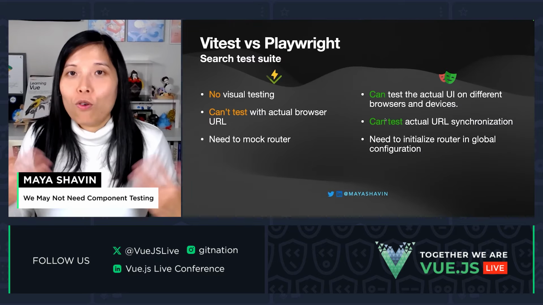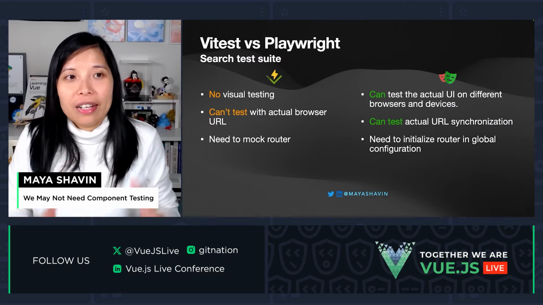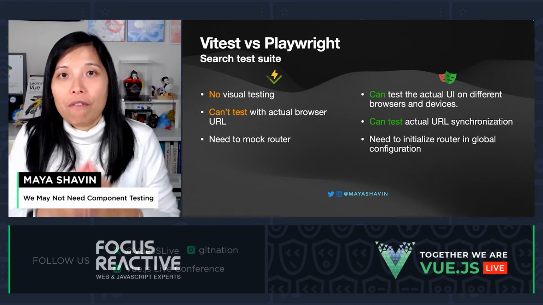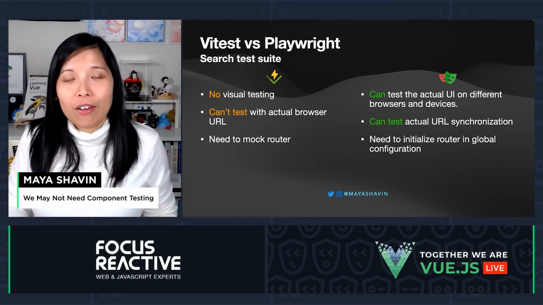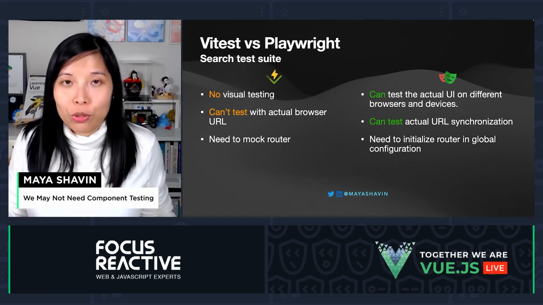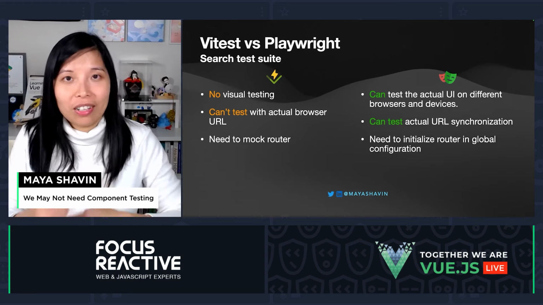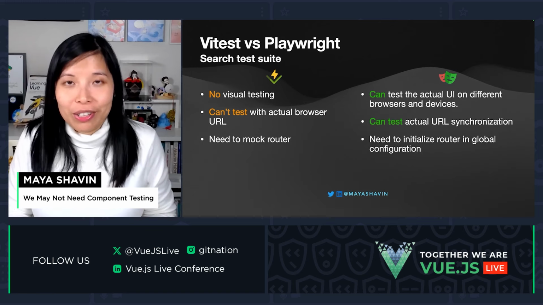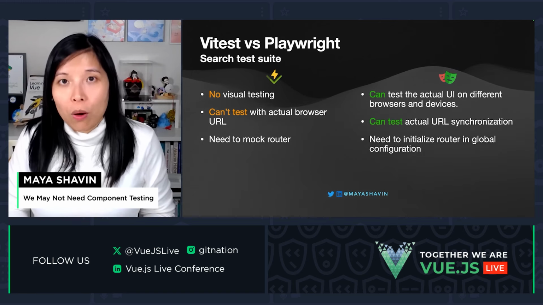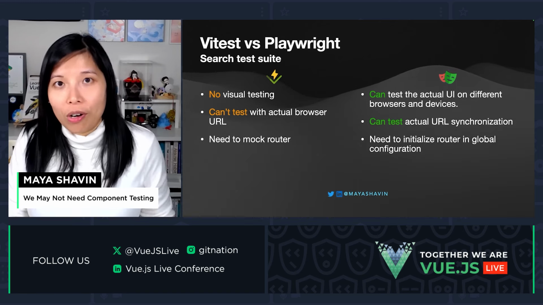Okay, so to conclude, in the search component testing, for Vitest, again, you have absolutely no visual testing. You cannot test with the actual browser URL, which means you cannot test the synchronization and check that the actual browser is updated, because it's not the real browser environment. And you also need to mock the router in order for the test to run.